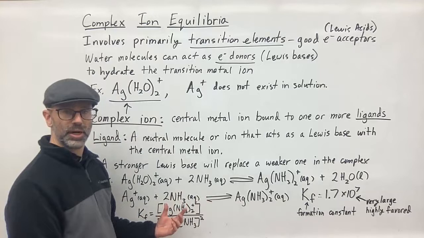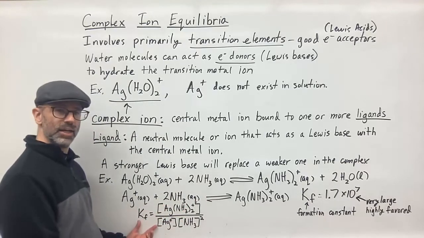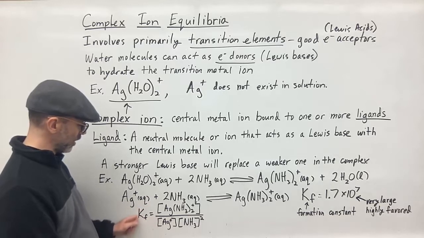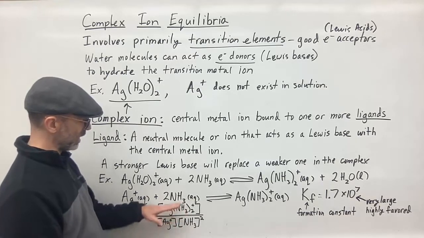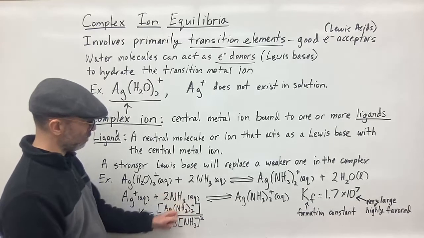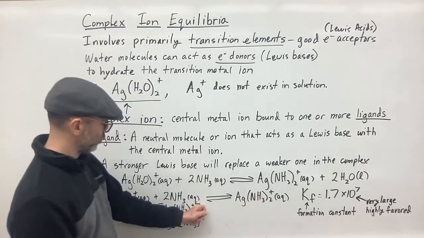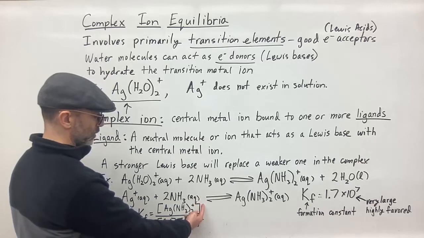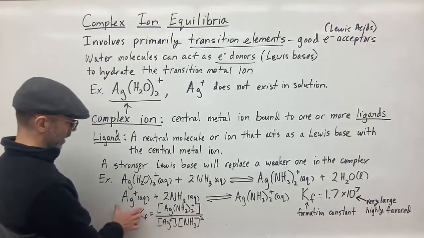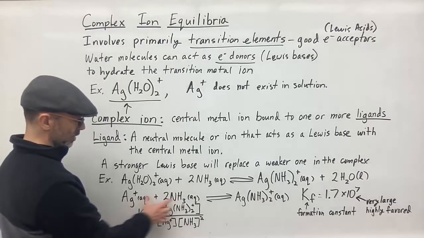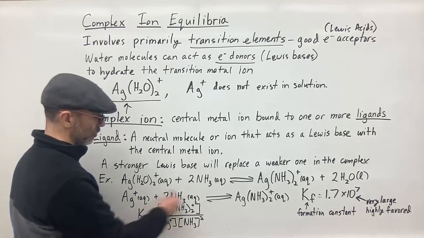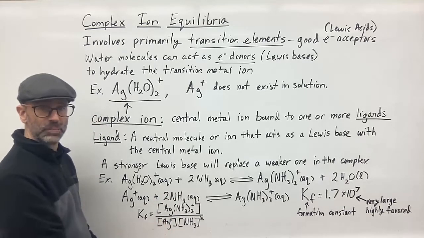So there's an equilibrium here, and therefore you have an equilibrium expression. We call this the formation constant expression. Just like any equilibrium expression, it's going to be the concentration of the product raised to its coefficient as an exponent, divided by the concentration of the reactants. So this is your Kf expression.